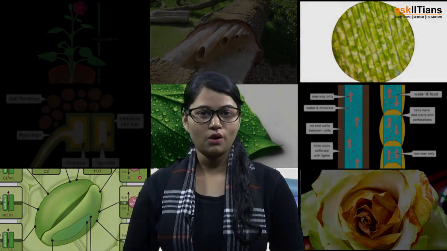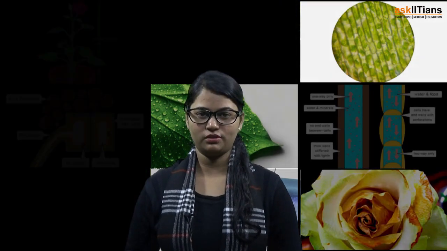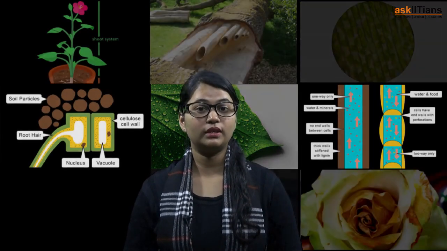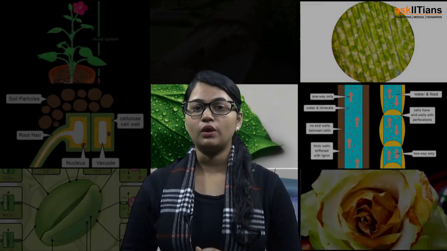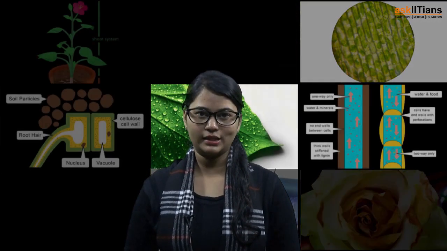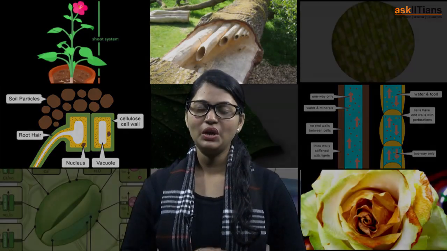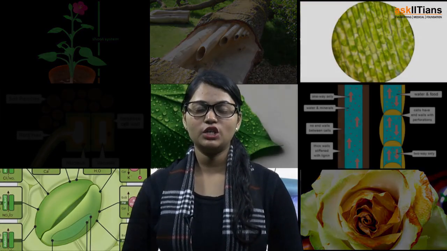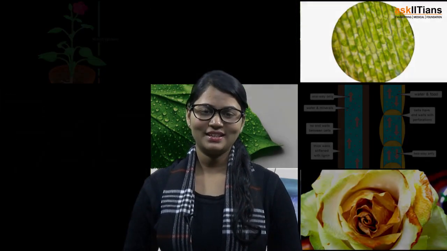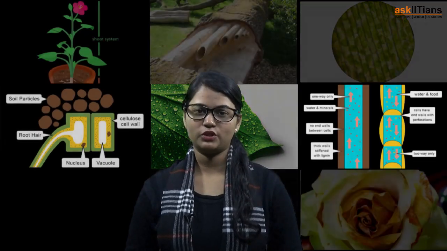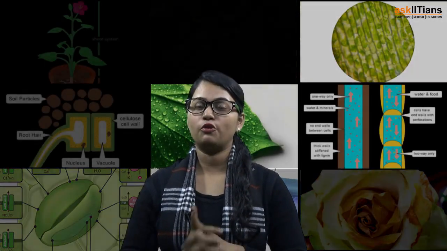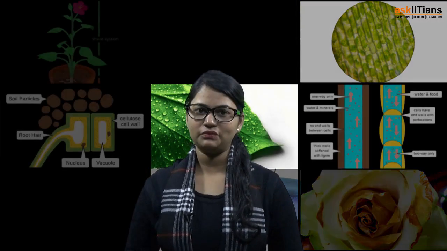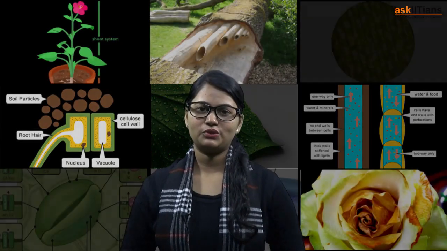Then we switched to imbibition. Under imbibition, we learned what imbibition is, and then we also tried to understand this process with the help of a video. And at the end, we discussed the significance of imbibition. So it's all about plasmolysis and imbibition. Now moving on to the next part of this lecture, switch on to the video.